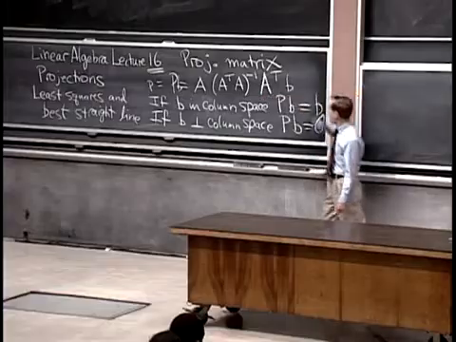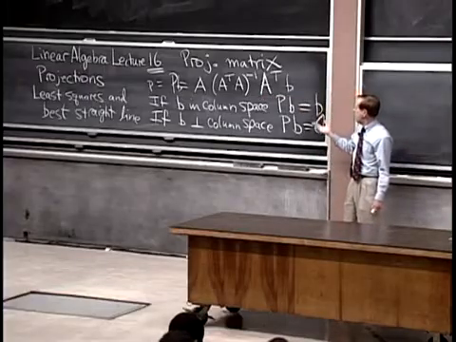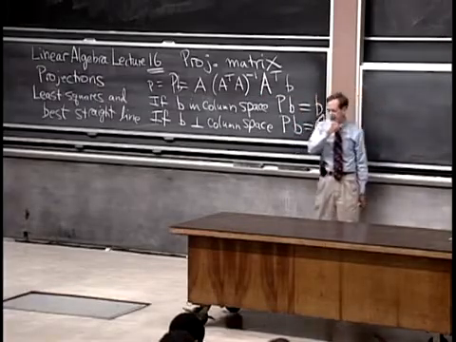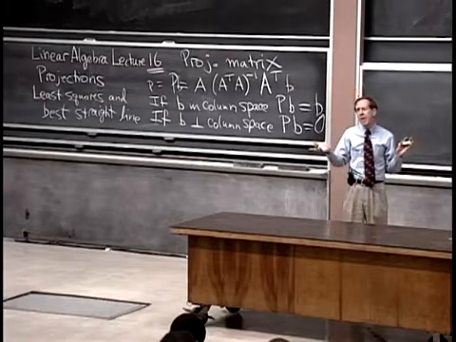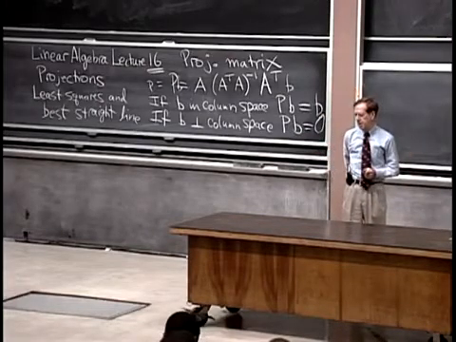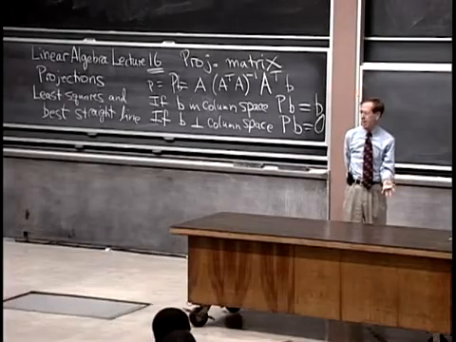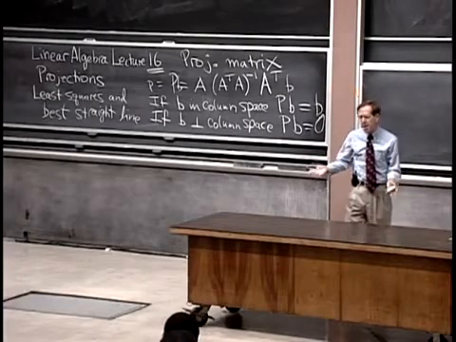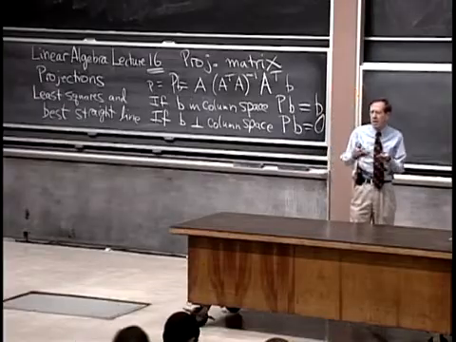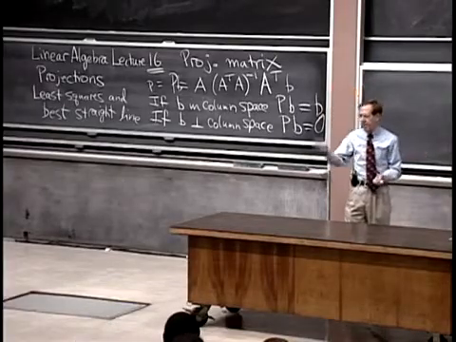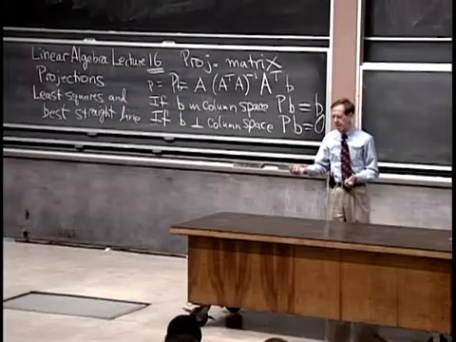How do I see that this formula gives me the right answer if b is in the column space? So what's a typical vector in the column space? It's a combination of the columns. How do I write a combination of the columns? Tell me, how would I write your everyday vector that's in the column space?